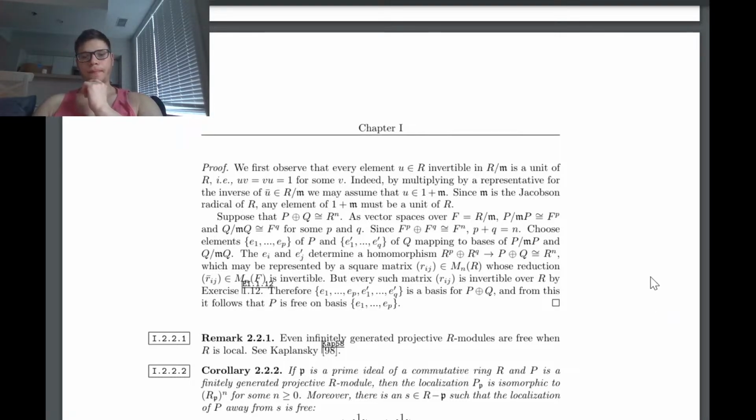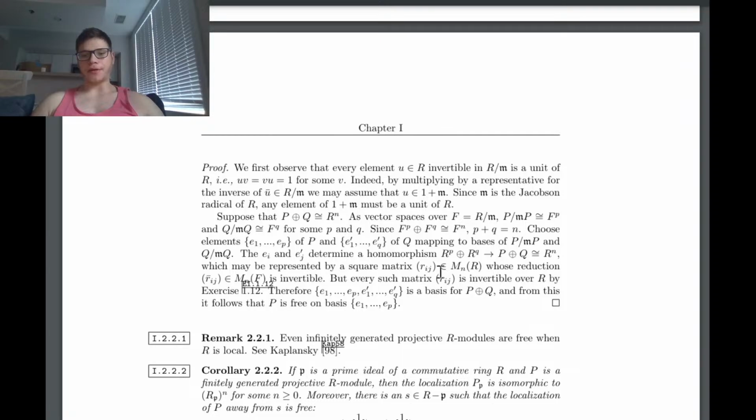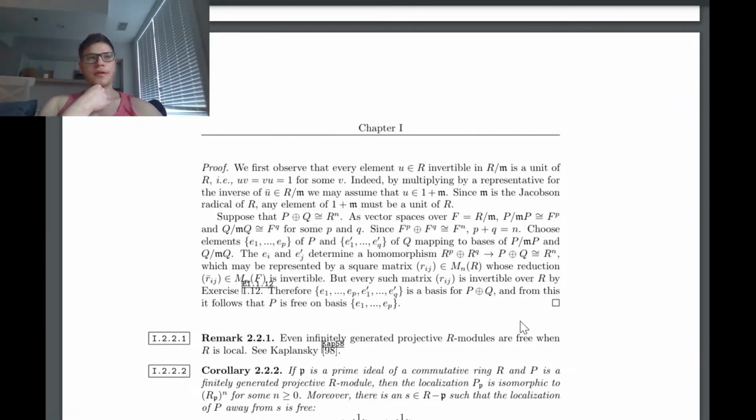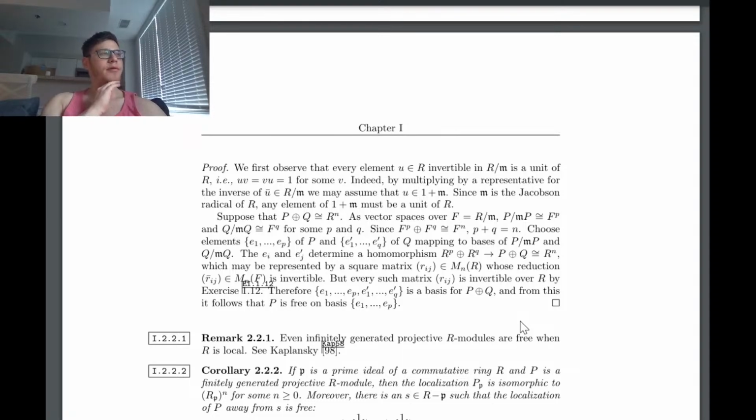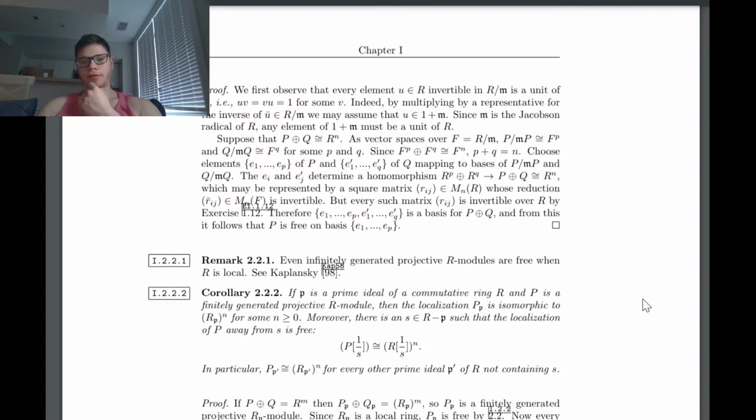So if you're invertible modulo a maximal ideal, apparently you're invertible. Therefore, this is a basis for P plus Q, and therefore it follows that P is free on this basis. So the change of basis matrix is invertible, which means that it's a basis. Yeah, okay, cool. Even infinitely generated projective R modules are free when R is local. Interesting.